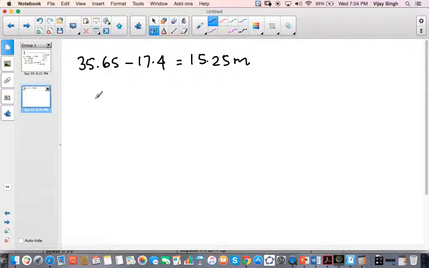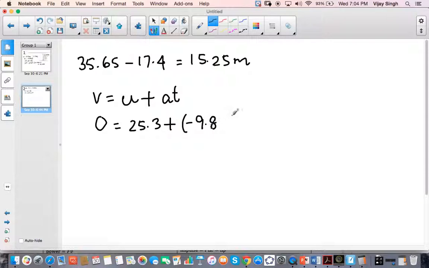So 0 equals 25.3 plus negative 9.8 multiplied by time. When you solve this equation, you get t equal to 2.58 seconds.